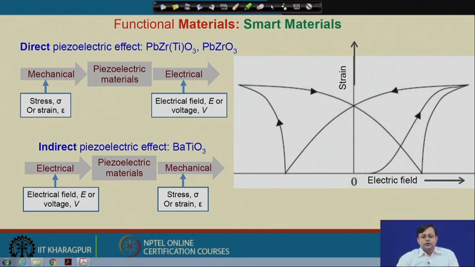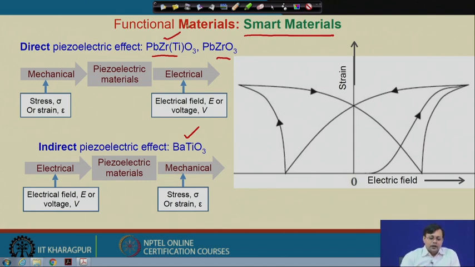Now, another category of functional material is the smart materials. Here you can see these are basically some oxides, and this is a piezoelectric material, like barium titanate or lead zirconium titanate.